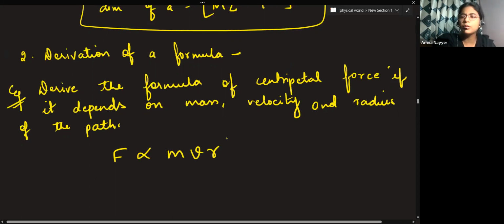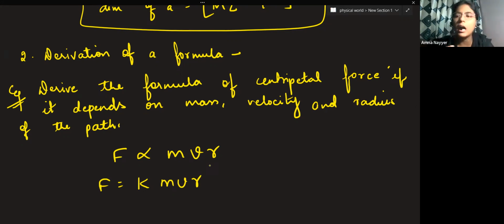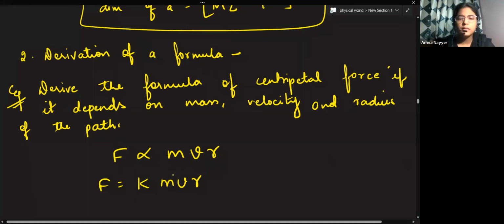So remove the proportionality sign using a constant. F is equal to K M V R. Now, we don't know whether it is m to the power 1, v to the power 1, r to the power 1. So what you can do is take variables like x, y, z: m to the power x, v to the power y, r to the power z.